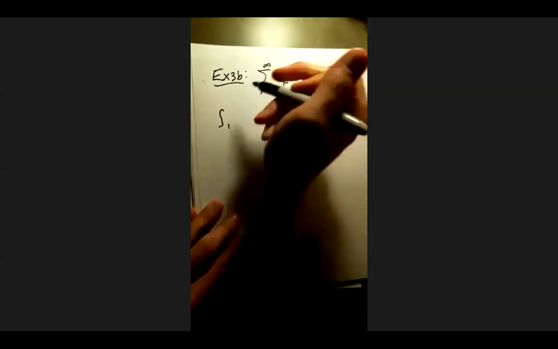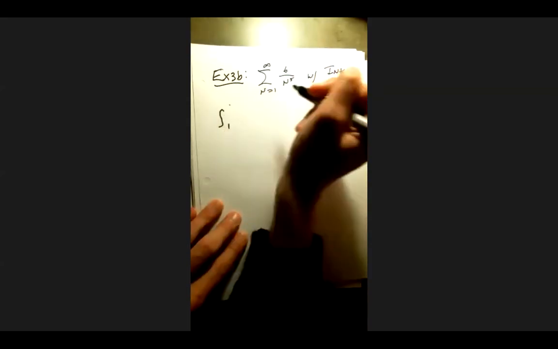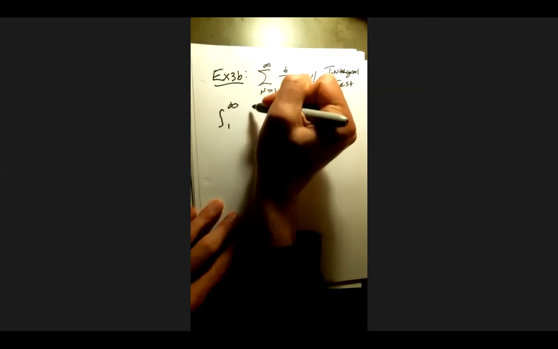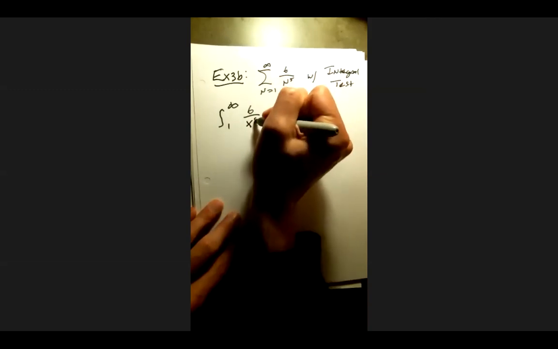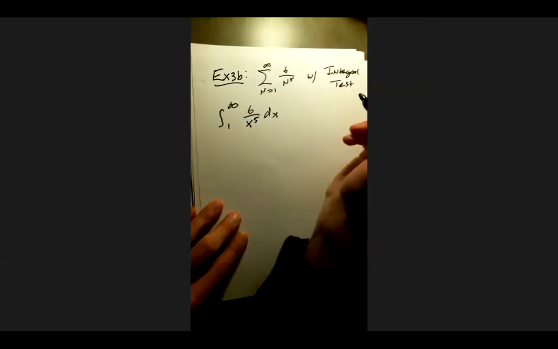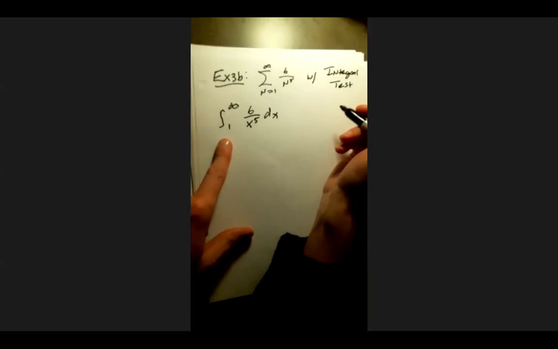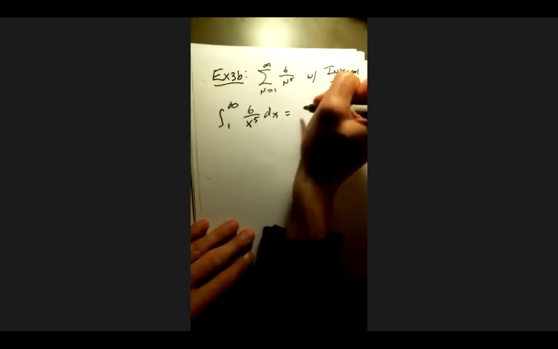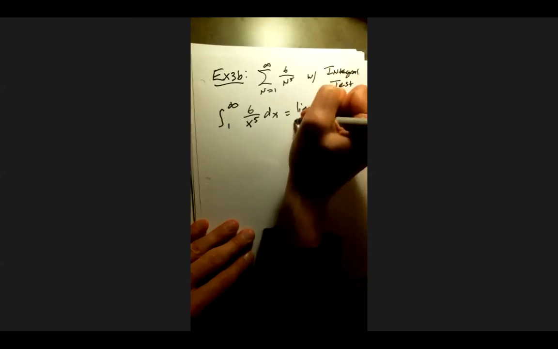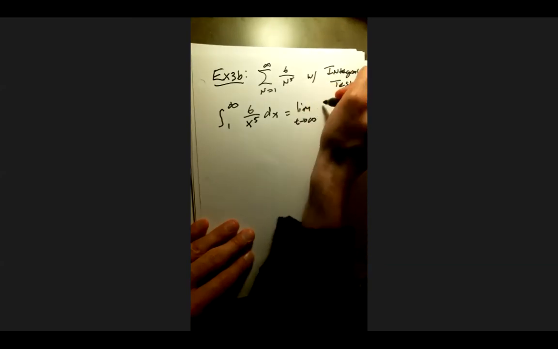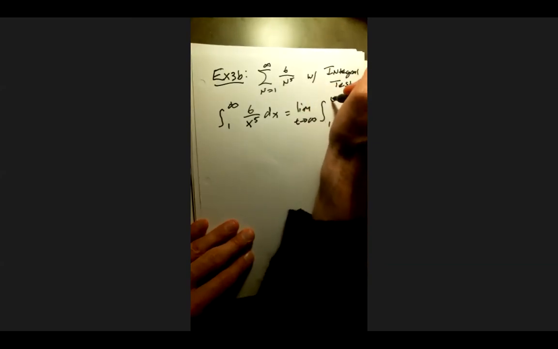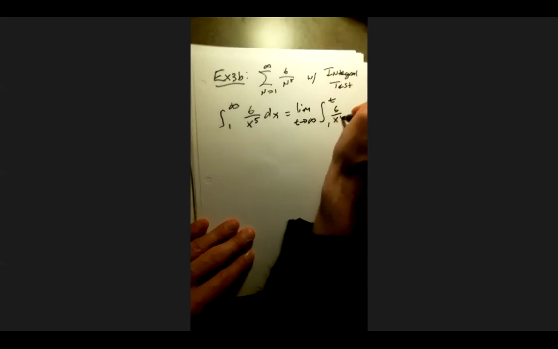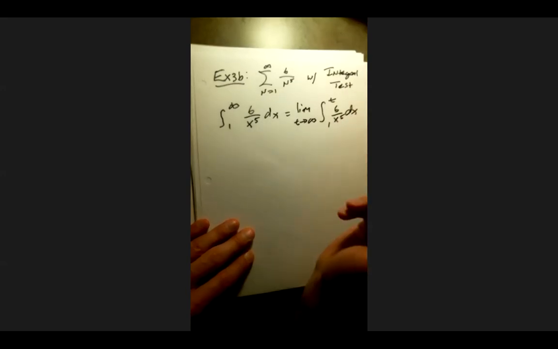And so imagine that we looked at the integral from 1 to infinity of 6 over x to the 5th dx. This is again an improper integral. So we need to look at the limit as t goes to infinity of the integral from 1 to t of 6 over x to the 5th dx.